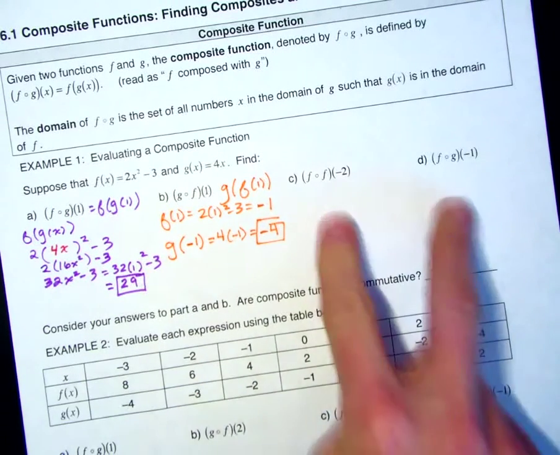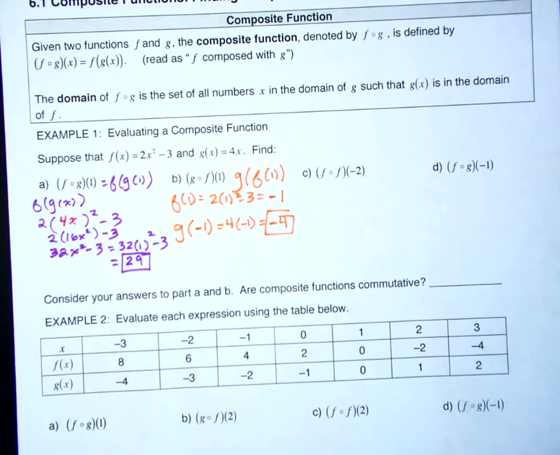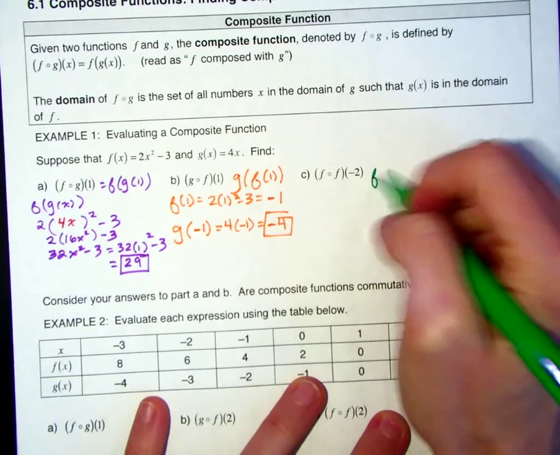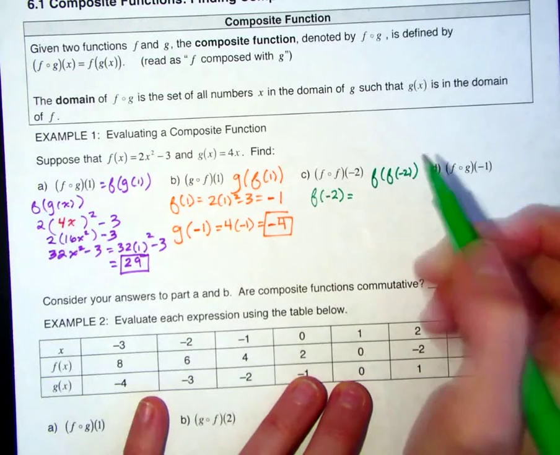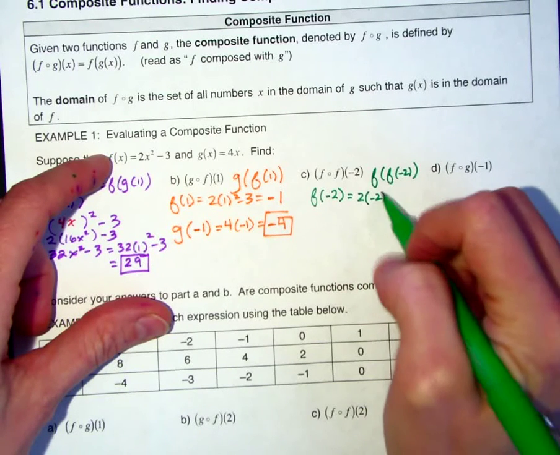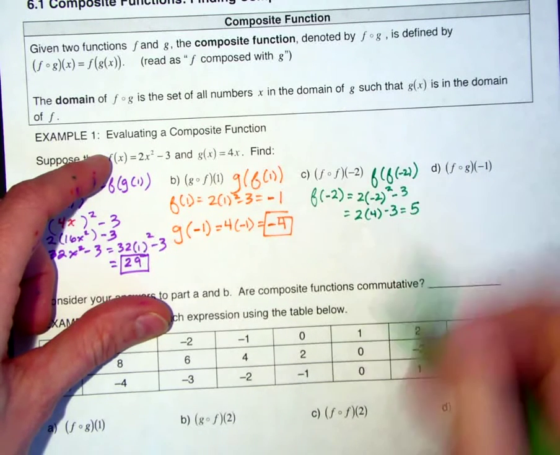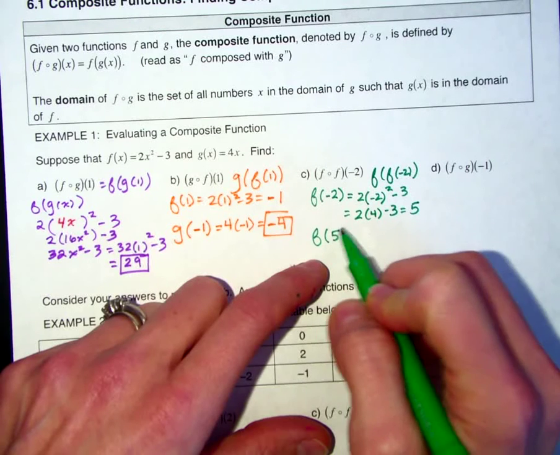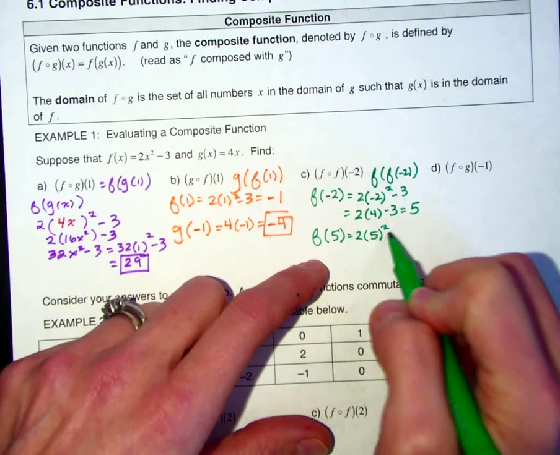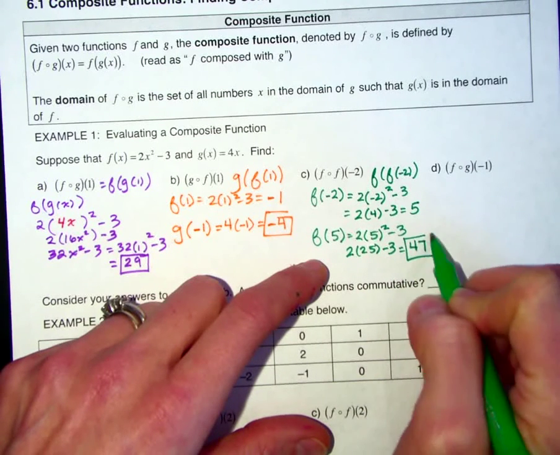Okay. All right, everybody do C and D. When you're done with C, go ahead and look up.